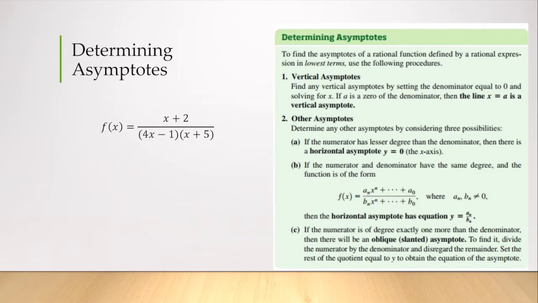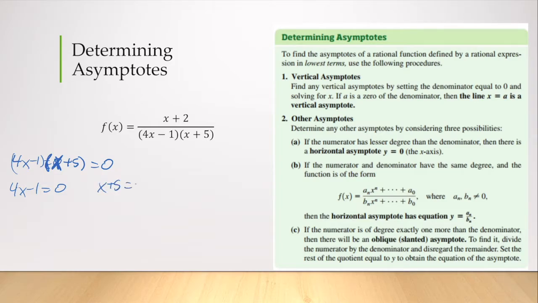I have f of x equals x plus 2 over 4x minus 1 times x plus 5. I'm going to go ahead and set my denominator equal to 0. Now I can use the zero factor property to pull these factors apart and set them both equal to 0.